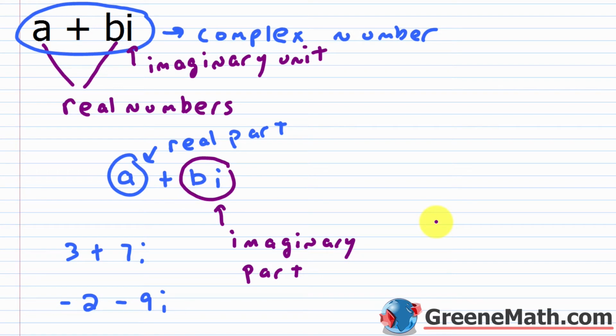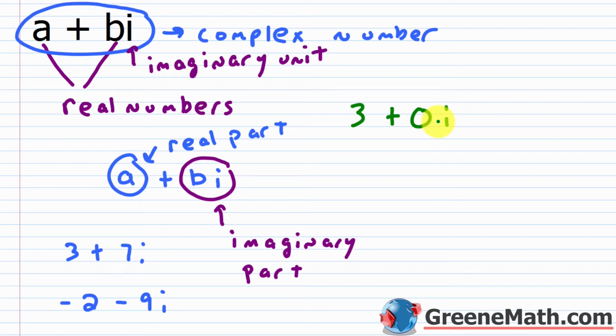Now, when we work with complex numbers, we need to understand that the real numbers are a subset of the complex numbers. What do I mean by that? Well, I can take any real number that I want and write it as a complex number. Let's say I had the number 3. I could put this as 3 plus, for my B there, I'd use a 0, and then times i. 0 times anything is always 0. It doesn't matter if I'm multiplying it by i.